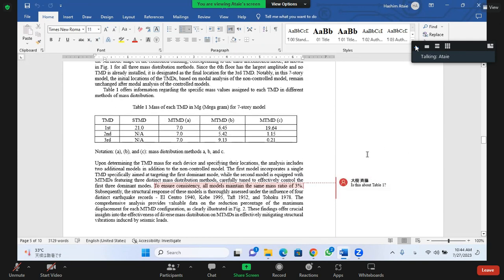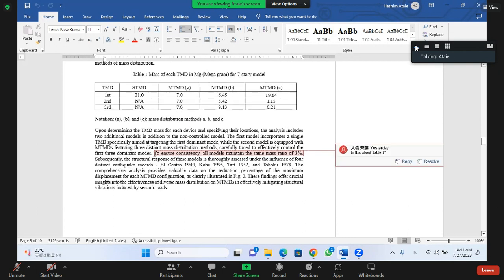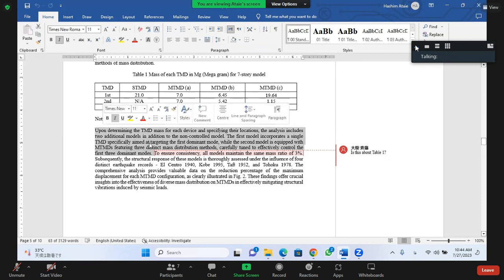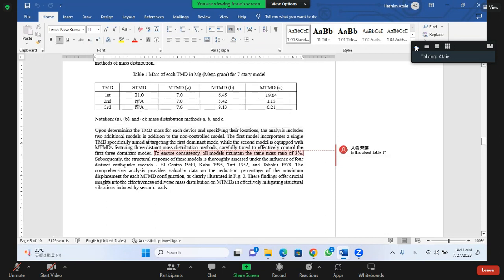And here, sensei, is this about table 1? This is the complement of sentences, sensei. There I said that we have two models, one model with a single TMD and one model with multiple TMD.